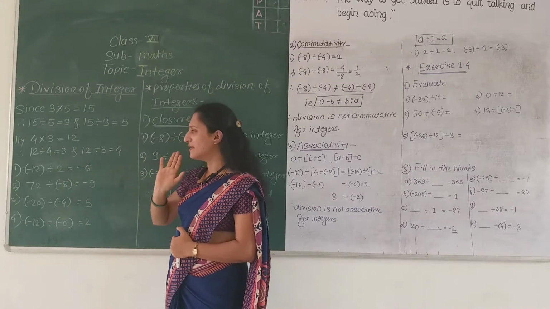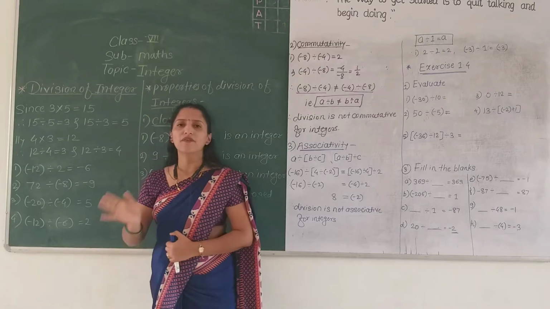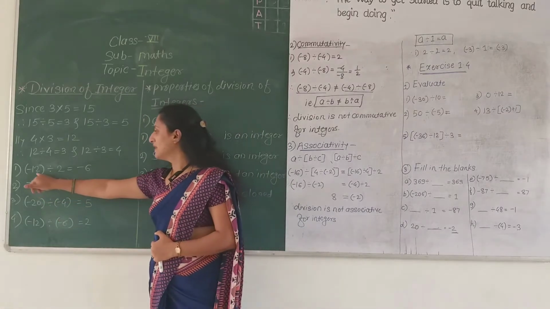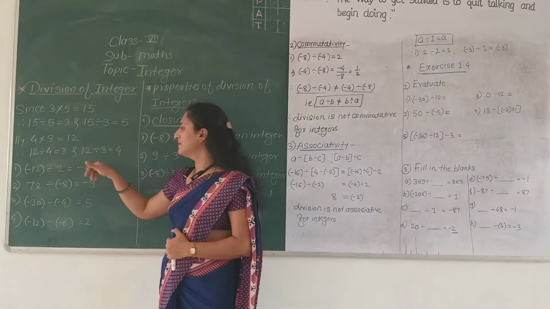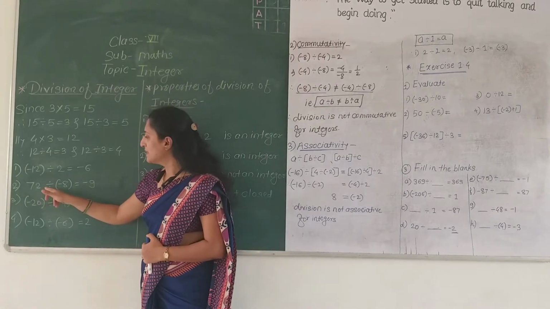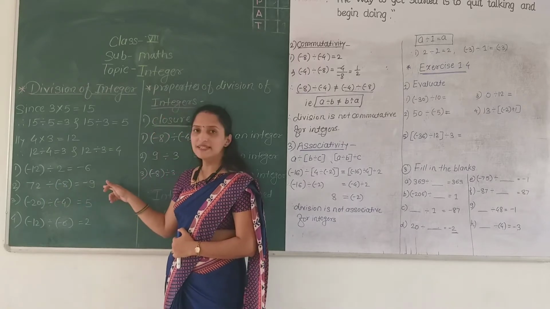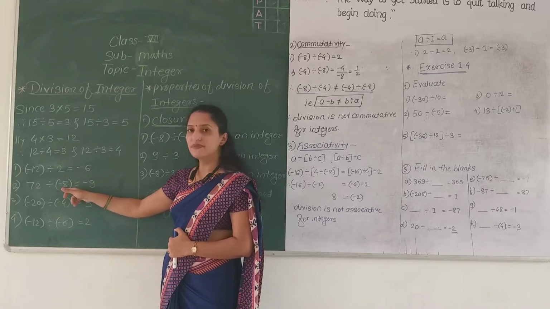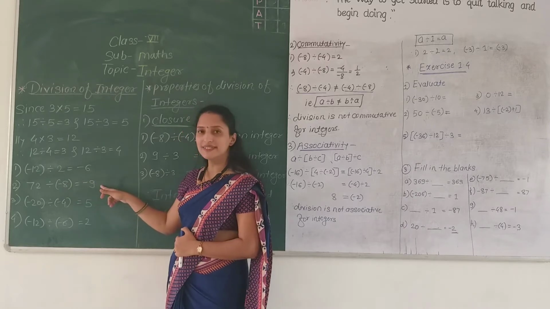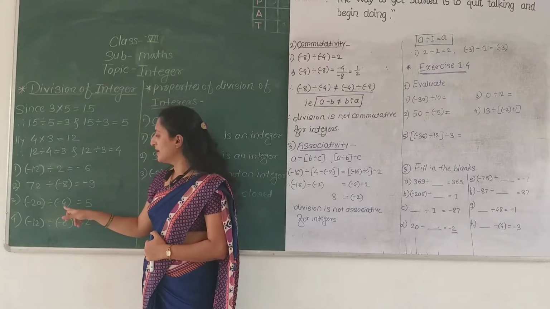So remember this, when we divide two integers, if one of the integers is negative, then the quotient is negative. Here also, 72 divided by negative 8. Now 8 9's are 72, so the answer is 9. But one integer is negative, so the answer is negative here. Now negative 20 divided by negative 4.